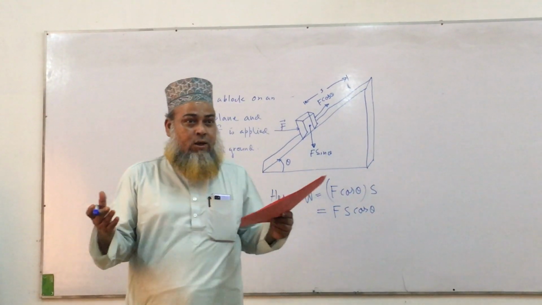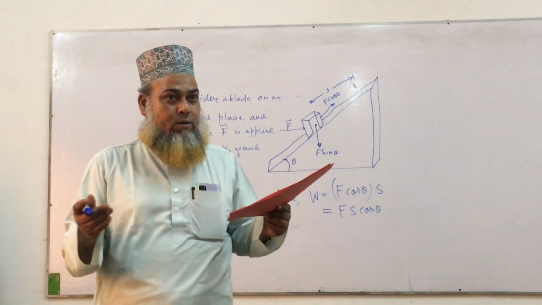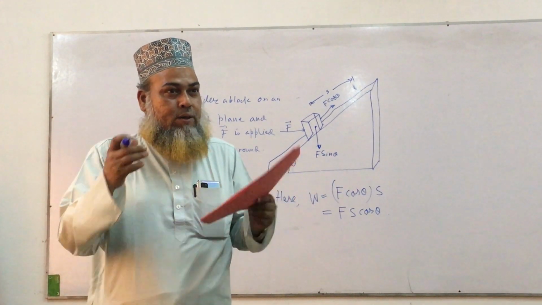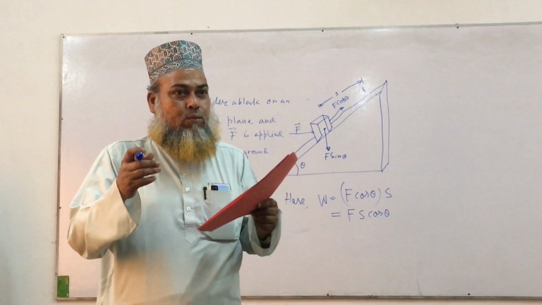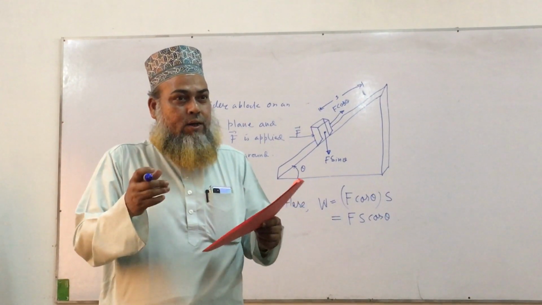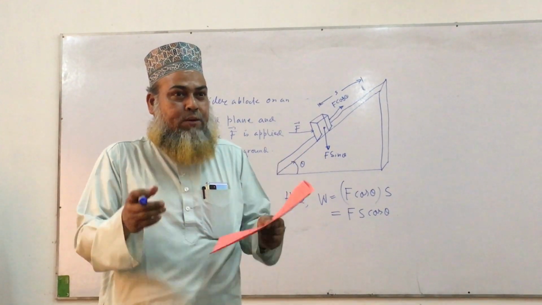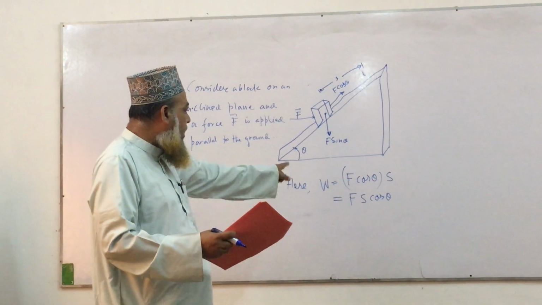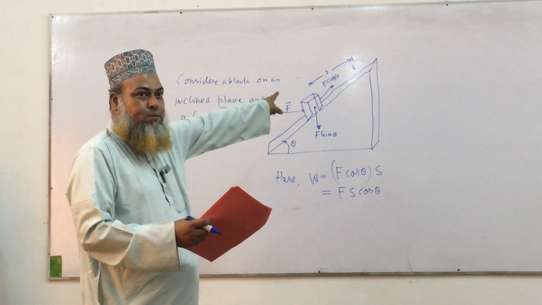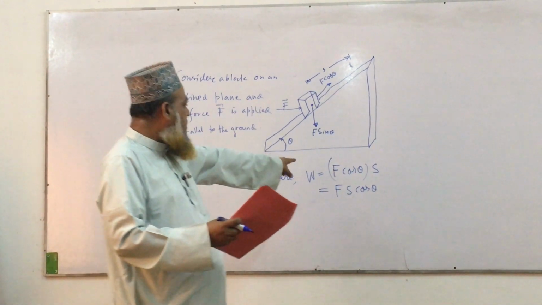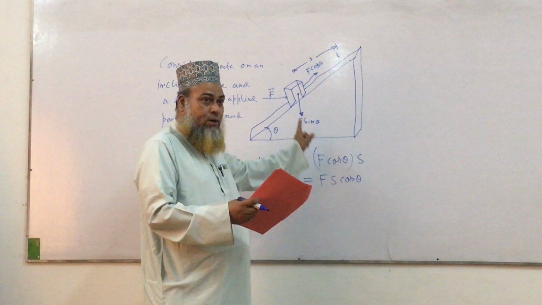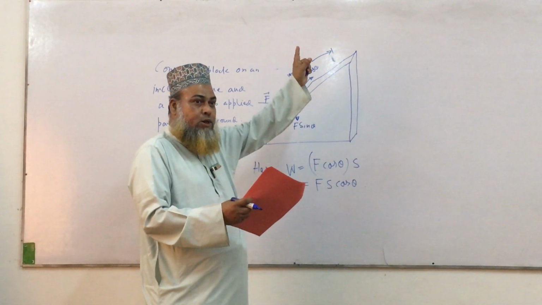So whenever two things, the force and the displacement, are not parallel, even then you can define work in an appropriate way. You have to take the component of force along the displacement. F cos theta is the component of F along the displacement.